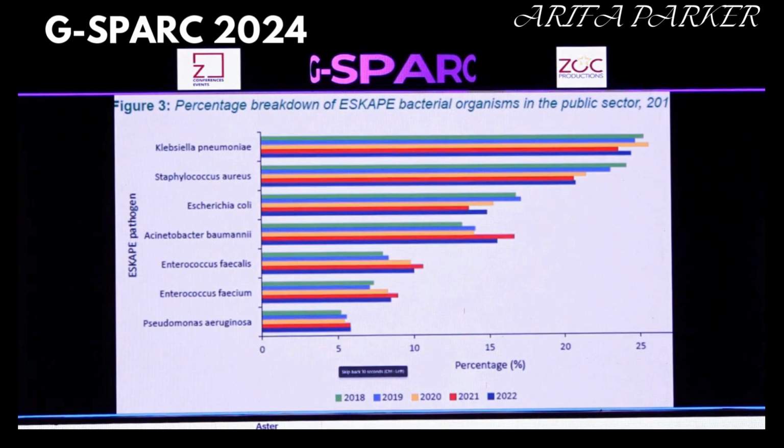And so if we look at trends year on year, Klebsiella pneumoniae seems to be a huge problem in South Africa in terms of escape pathogens. Our Staphylococcus aureus or MRSA rates look like they are declining. I think this is 2022 data, but I think most recently our Acinetobacter baumannii bloodstream infections might be rising.